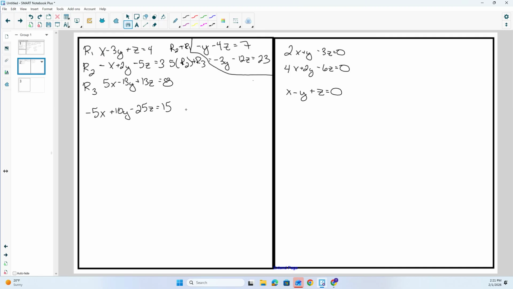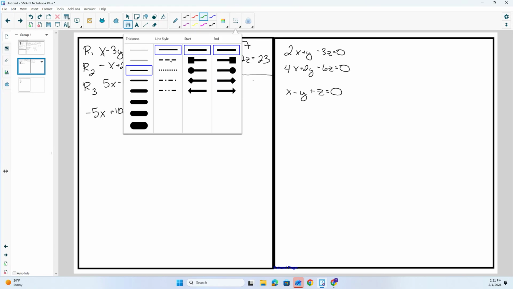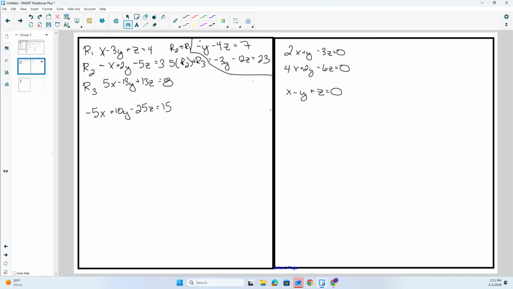So we're going to take this, let me do a different color. We're going to take this right here, we're going to multiply it by negative 3. That's going to give us a positive, this is my new R1, it's positive 3y plus 12z is equal to negative 21.